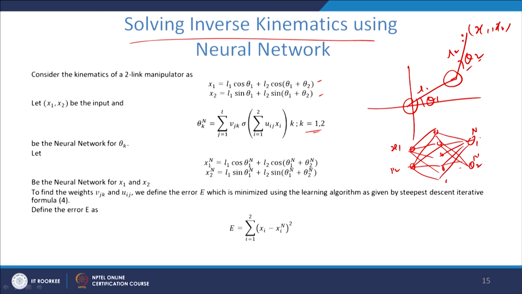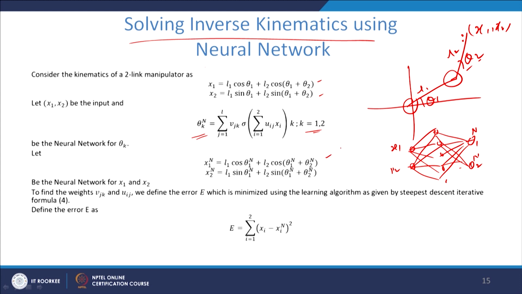So, after finding suitable weights V i and W i, when we substitute, the neural network values of theta should be very close to the actual inverse kinematic solutions of the problem. How to find the weights properly is what we want to see. When we initialize the weights arbitrarily, let us say all the weights are 0 in the beginning, we can substitute in the neural network and obtain the theta values theta k n.